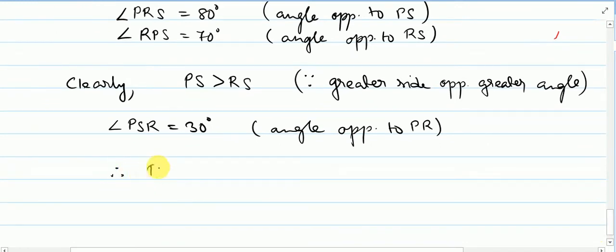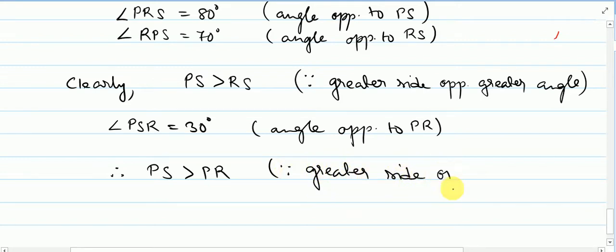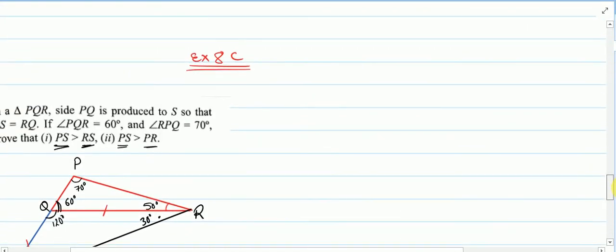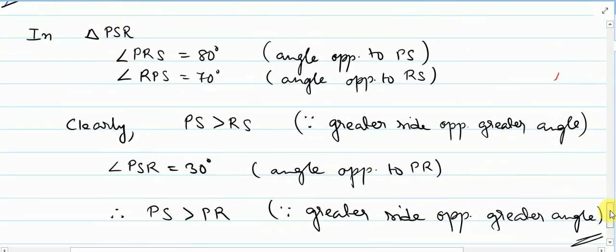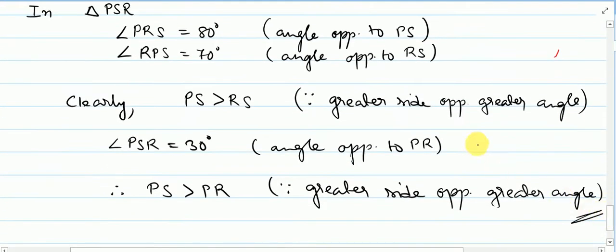Therefore PS is greater than PR, since we have greater side opposite to greater angle. Okay, so this is done. So we have proved both. Okay, now we shall see the next question.